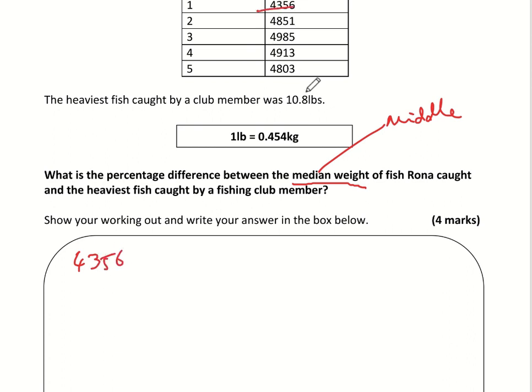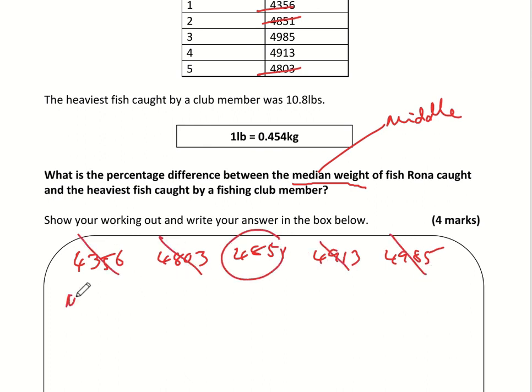The next smallest is the 4803, then 4851, and 4913, 4985. So the one in the middle, well, we'll find by chopping off the edges and going. So the median weight is 4851, and that is grams.